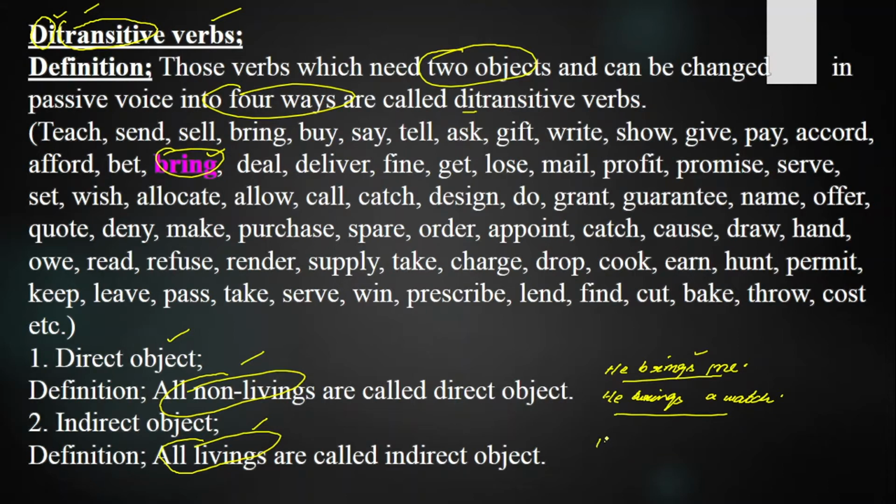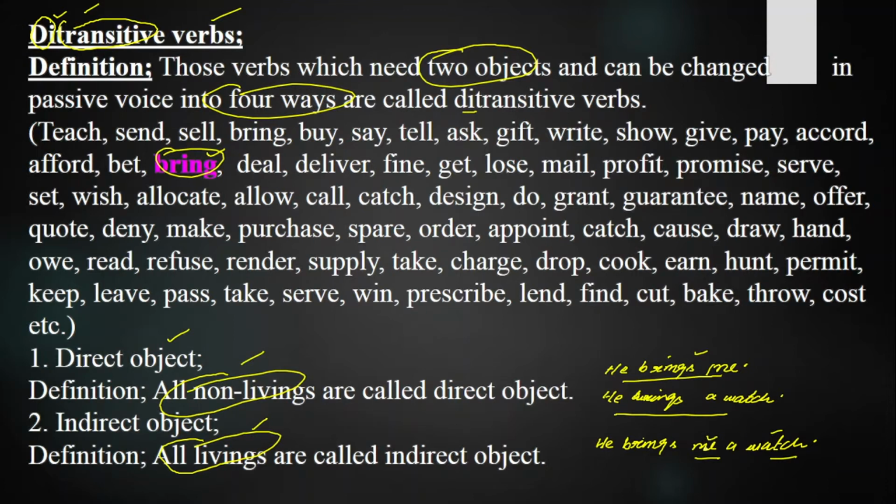Then if I say he brings me a watch, now the sense is clear that he is bringing a watch for me. He is bringing me what? A watch. He is bringing a watch for whom?